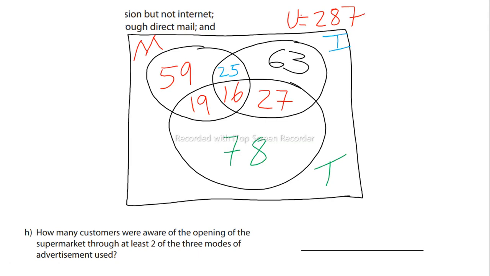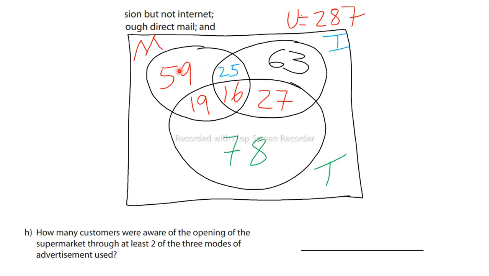Would we have to add all the 19, 16, 25, and 27 where they intersect? Yes, she's right. Why? Because that would represent who used more than one, at least two.